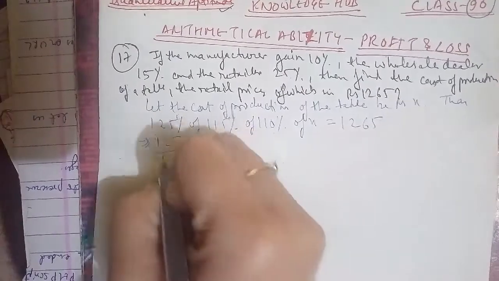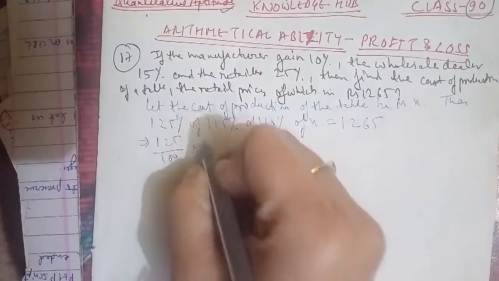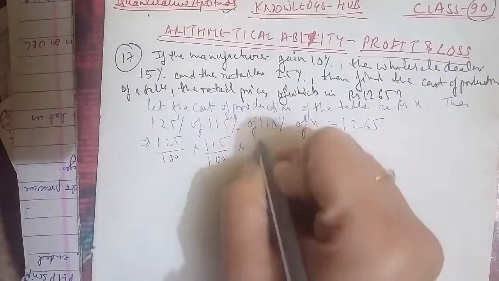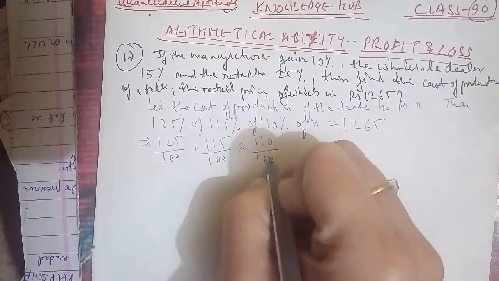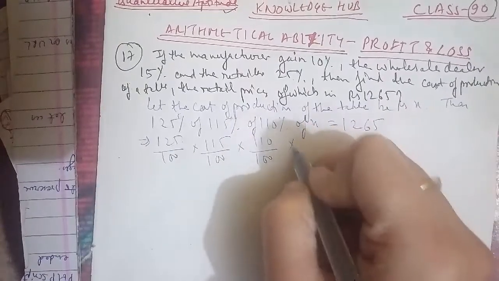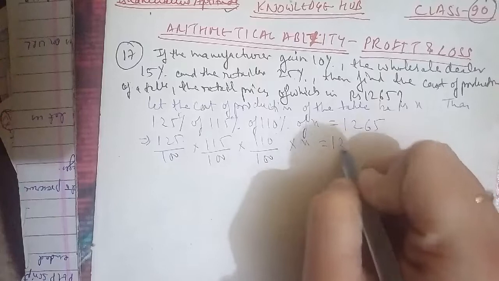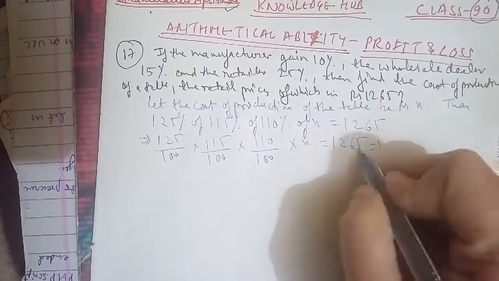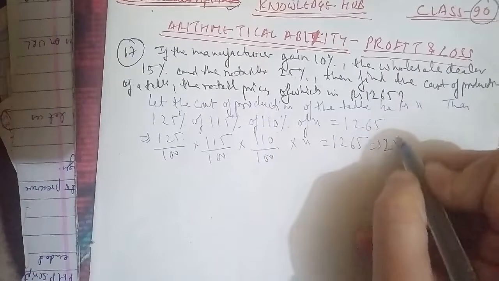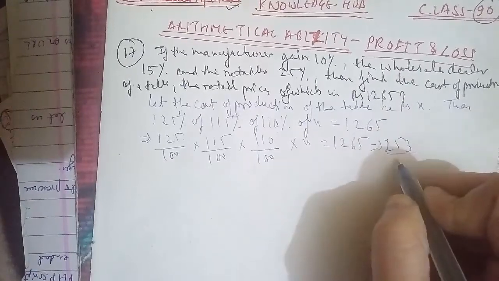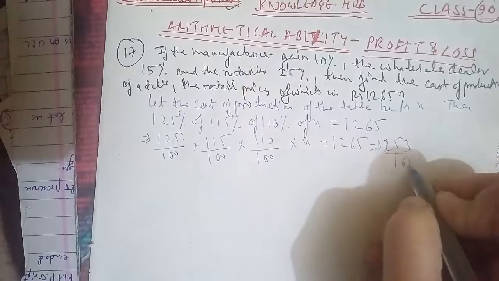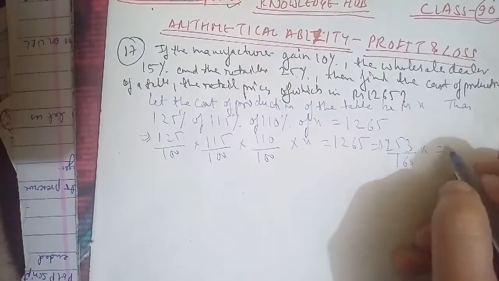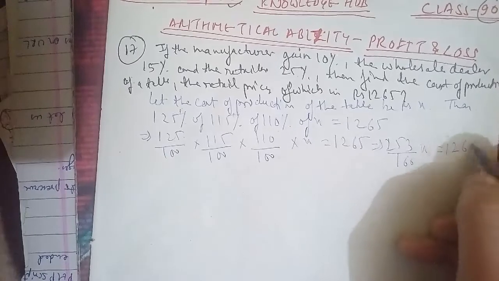125 upon 100 into 115 upon 100 into 110 upon 100 into X is equal to 1,265. Now 253 upon 160 X is equal to 1,265.